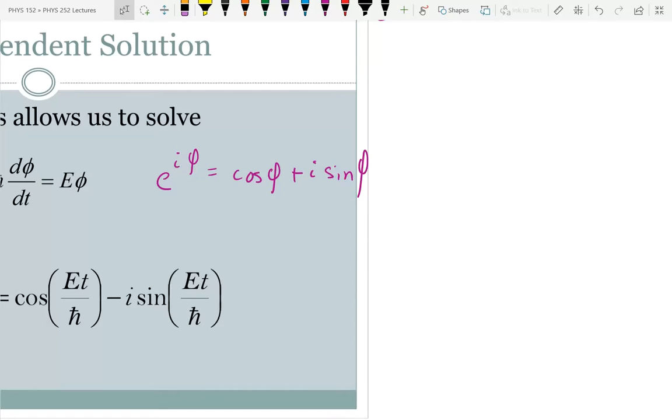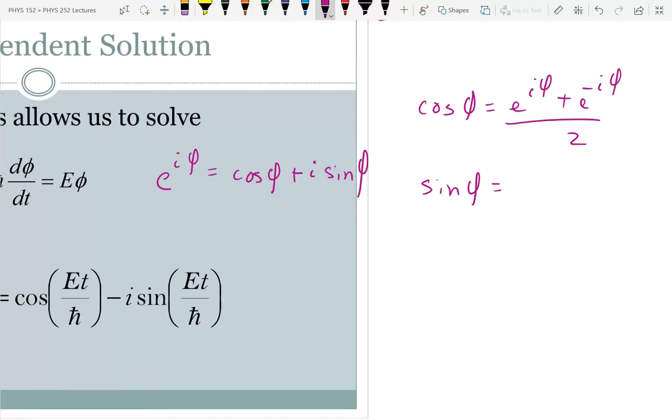There is an infinite series that can define it, or you can put cosine of phi is equal to e to the I phi plus e to the minus I phi over 2, and sine of phi is equal to e to the I phi minus e to the minus I phi over 2i. Phi is just some random variable in this case.